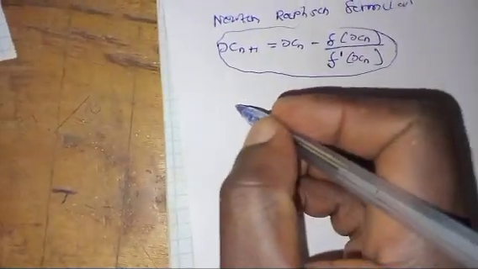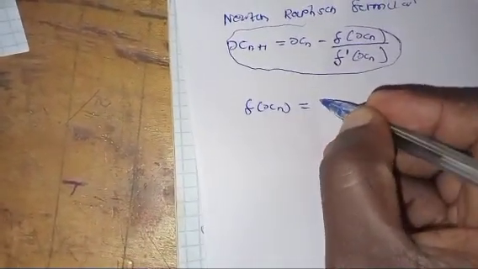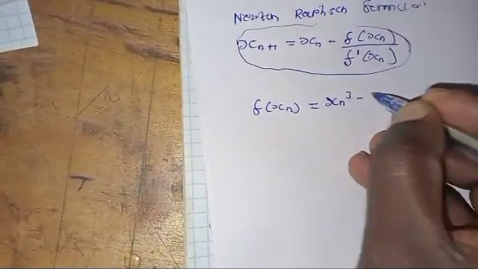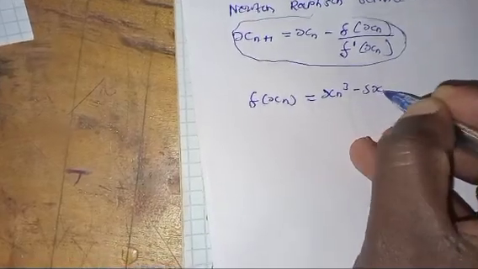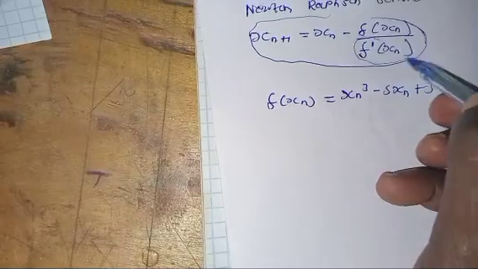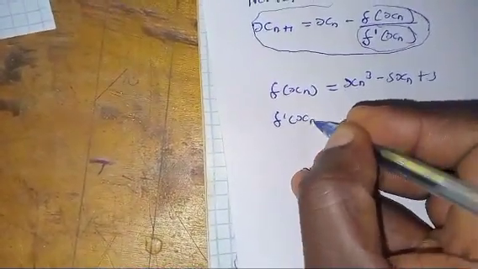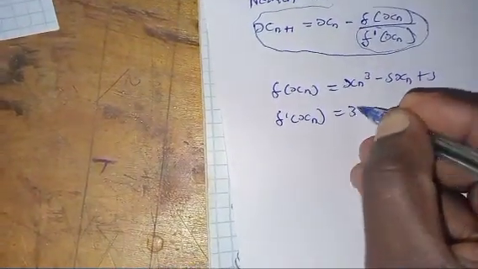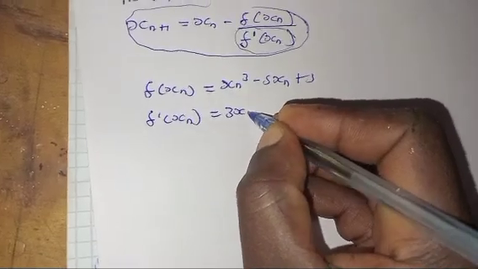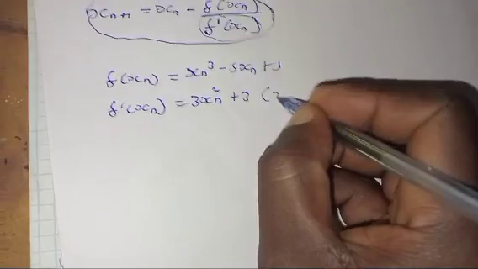So we use this. We start by finding first f(x_n), which in this case is x_n cubed minus 5x_n plus 3. We find again f'(x_n), which is equal to 3x_n squared minus 5.